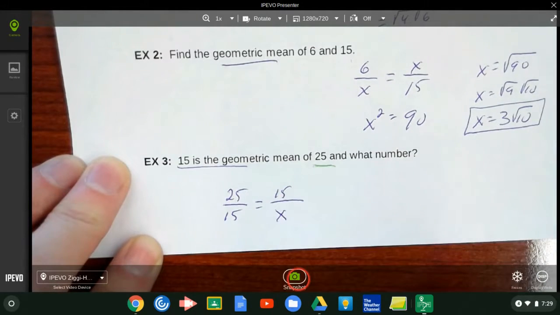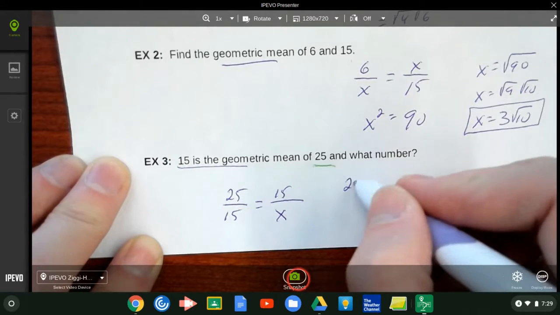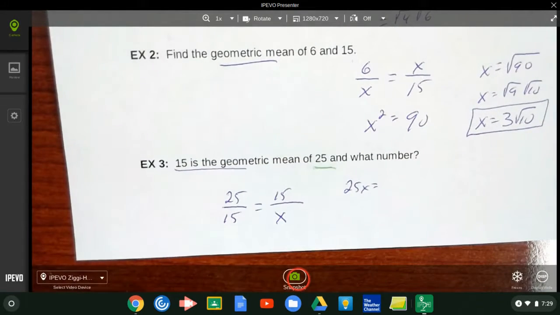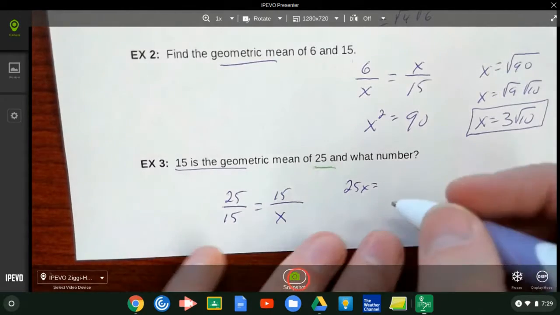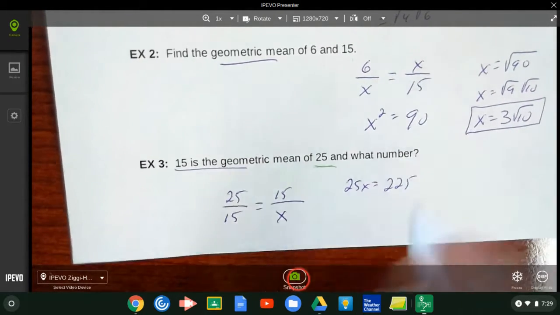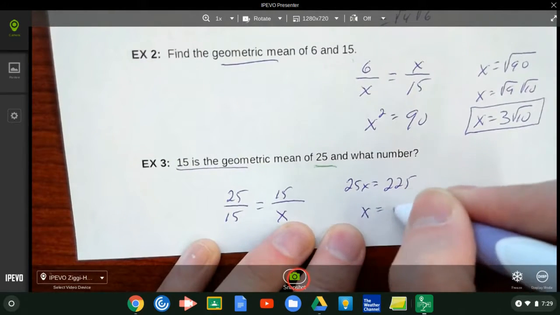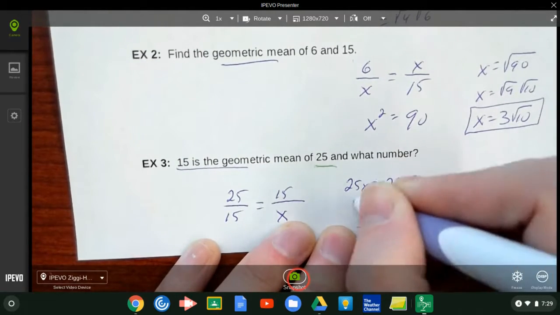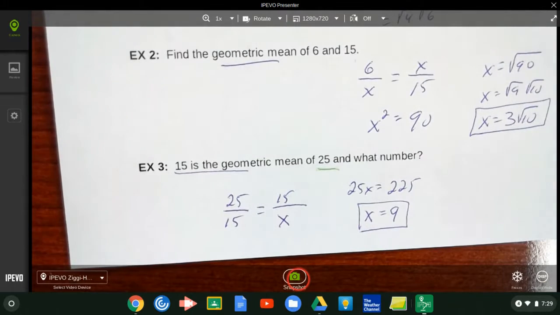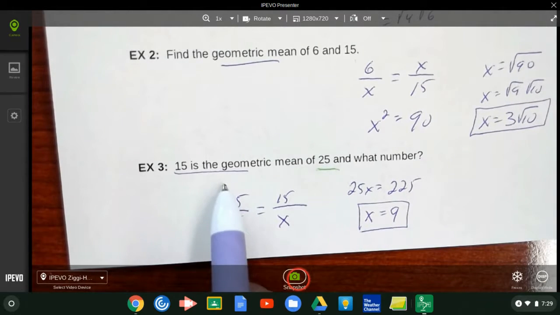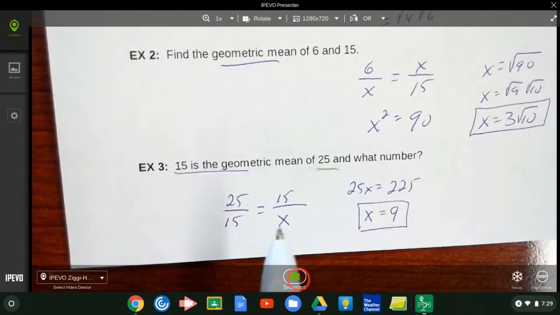I'm looking for the other number. So that's going to give me 25x equals 15 times 15 is 225. And now I just divide by 25. So x equals 9. So you can use this idea if I have the geometric mean or if I'm looking for the geometric mean.